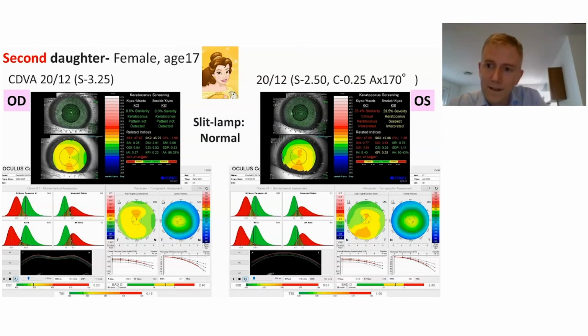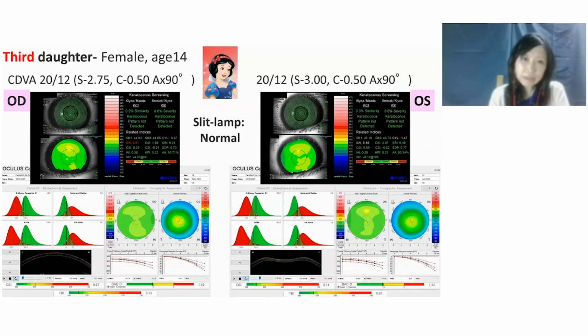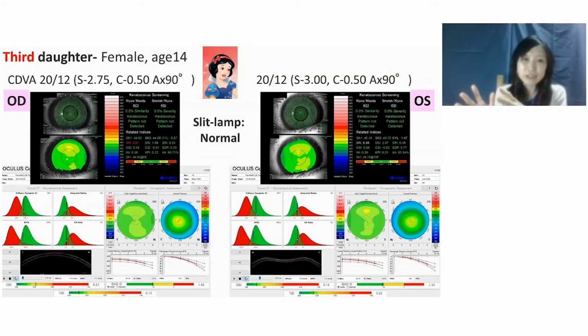So for the second daughter, in the left eye there is no slit lamp finding, it is normal. I am very confused, because only if the left eye has normal clinical findings can we say FFK. But okay, could you go back?